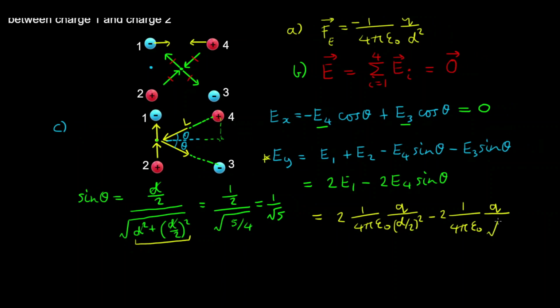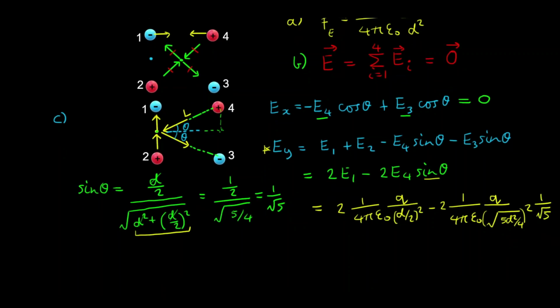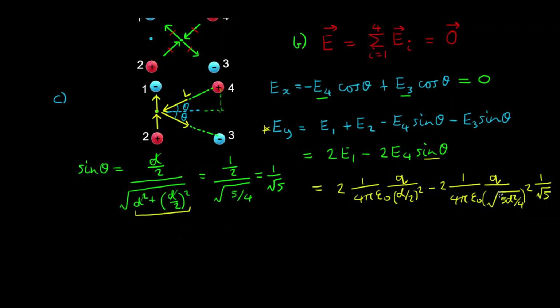So what we'll have is the square root of d squared plus d squared on 4, which is 5d squared on 4, and that's all squared. And that's of course multiplied by sine theta, which is 1 over root 5. And now we can just cancel out this square root, all squared, and we can simplify our calculation here.